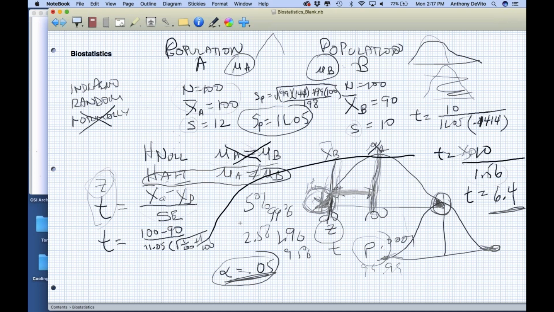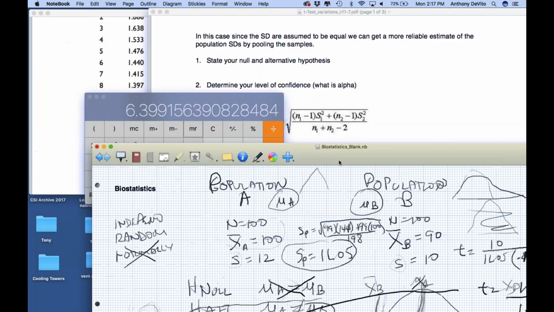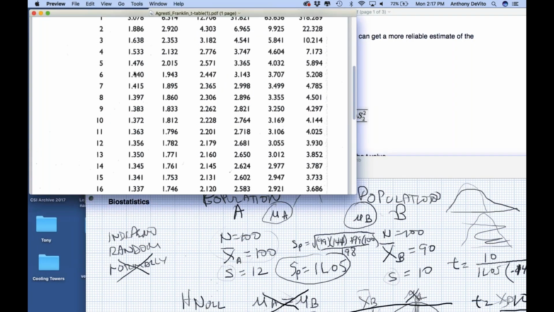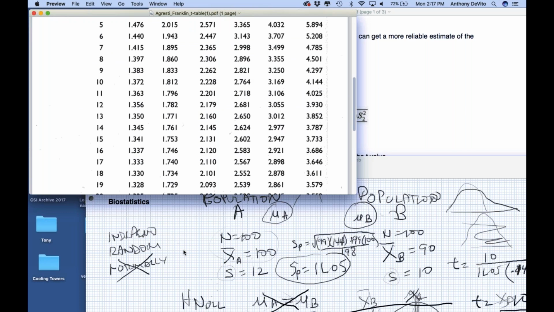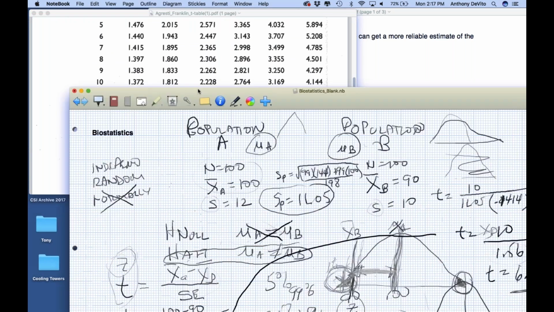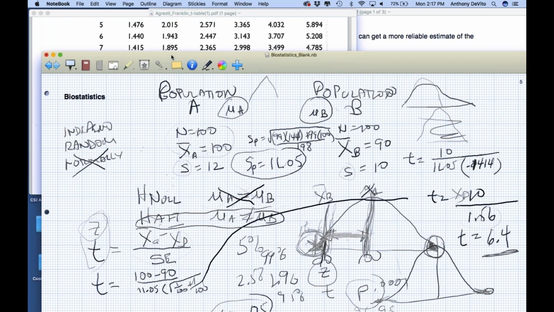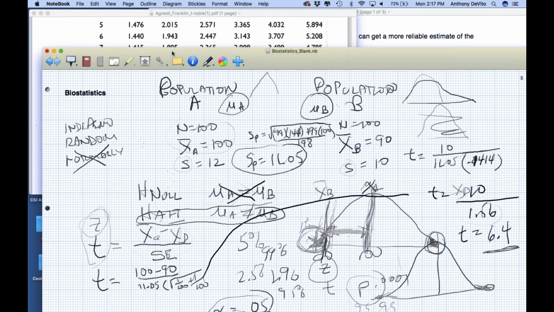Okay? There were a lot of steps getting to this point. Okay, just so you know, I'm going to pull up the T table. We reject the null because they're so far apart that we can say with the level of certainty that we want that they're not equal.